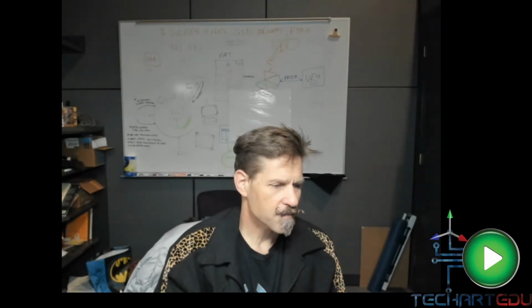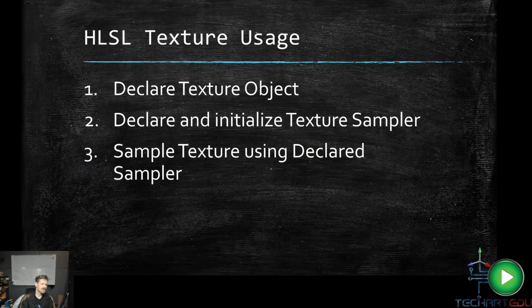Now that we've got this going here, I'm going to go back to my lecture and talk about how whenever you're using textures, you've got to do 3 steps. It's a similar process when doing GLSL, so HLSL is pretty much going to be the same. The first step is you've got to declare a texture object. That texture object has to be in your code; you've got to go and create a texture object.